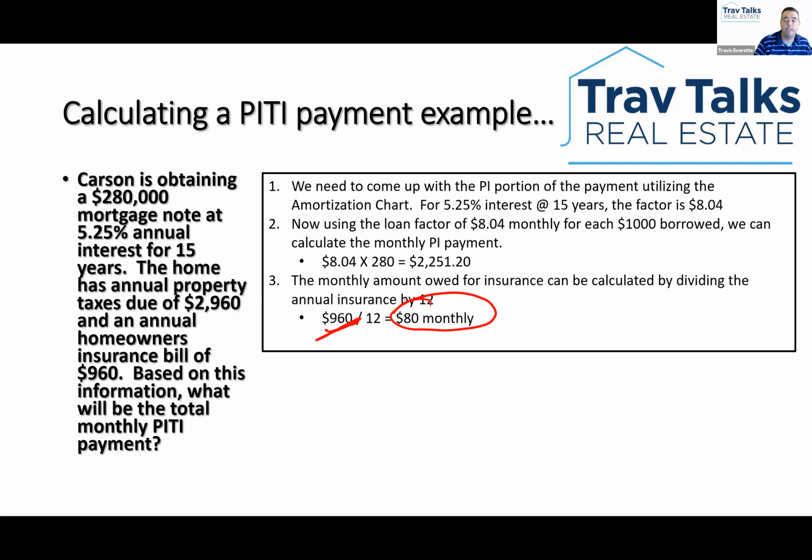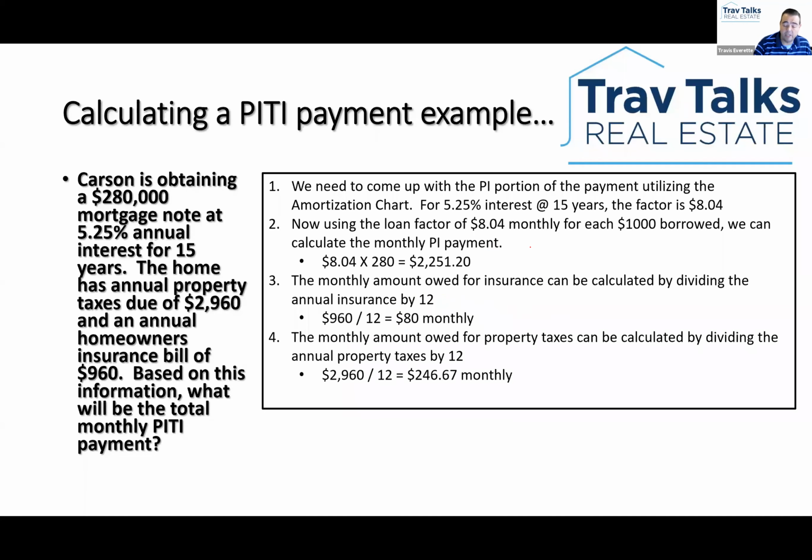Guess what we're going to end up doing with that $80 a month, folks? Aren't we just going to add it to the other monthly payment we've got? Right? And the taxes are going to be the same thing. They told us that the annual tax bill is $2,960. Divide that by 12, that's $246.67 a month, which is also going to get added in up here, right?